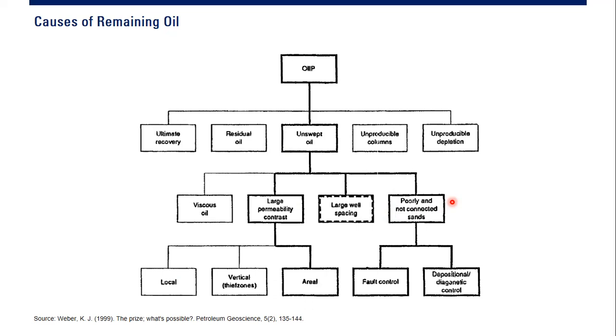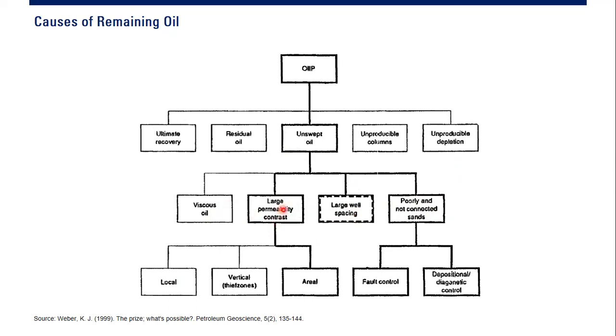In poorly and not connected sands, somehow you have a barrier with very, very small permeability, which in other words is also a large permeability contrast case. So large permeability contrast can be the same as poorly and not connected sands. Okay, large well spacing already clear, viscous oil already clear.